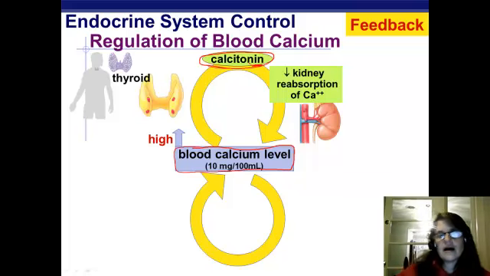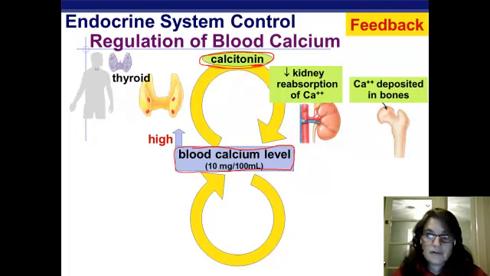Now, that calcitonin will do a couple of things. First of all, it will decrease the amount of reabsorption of calcium that the kidney does. We'll let some calcium just go out in the urine if the blood calcium level is too high, we have too much. We will also take some of this excess blood calcium and put it in the bones where it might be needed. We'll take that and stuff it away in the bones where it can be stored.